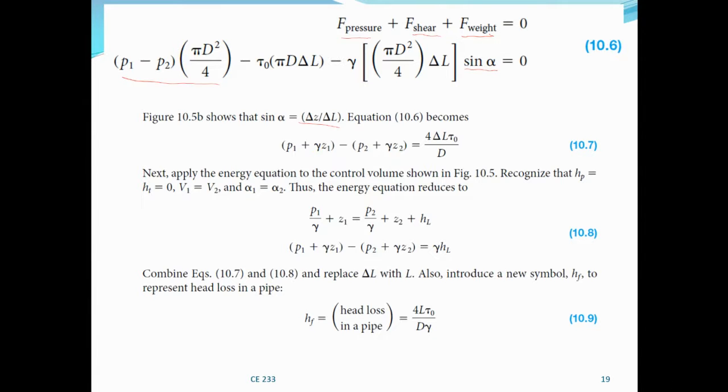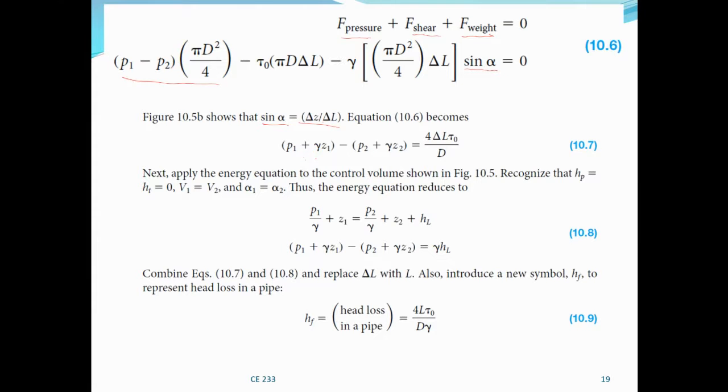So we substitute sine alpha as delta Z over delta L, and try to simplify the equation. You divide by d pi, you will have it this way. Pressure, the difference in the piezometric pressures.